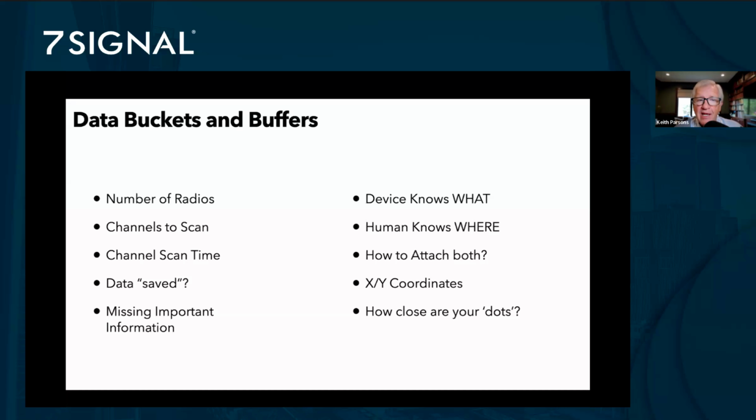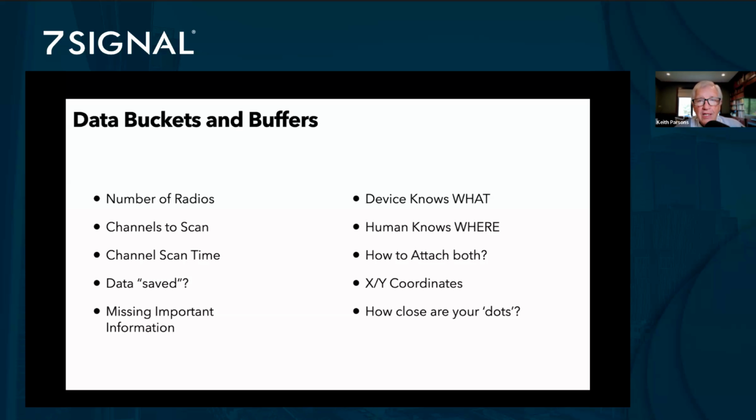Now, the question is, how do we save the data? The data is collected that comes in, the radio is listening to beacons and probe responses, and we hear BSSIDs and we get RSSI, the received signal strength indicator, from each of these APs, and we collect all that data. But what do we do with it?